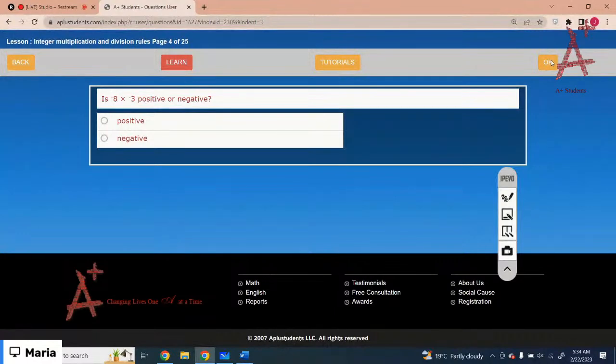Is negative 8 times negative 3 positive or negative? Now both the numbers have the same sign. Both the numbers are negative. Got it? So the answer must be positive. If both the numbers are negative, the product must be positive.